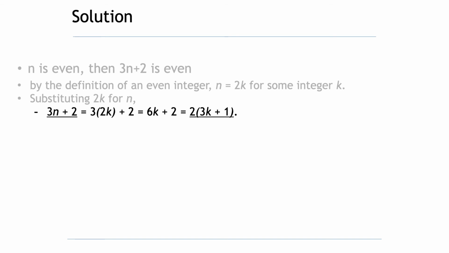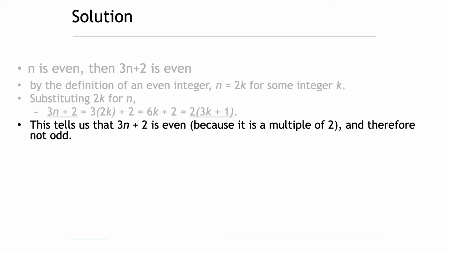Okay, so now this tells us that 3n plus 2 is even because it's 2 times some integer, and therefore is not odd. This is the negation of the premise of the theorem, because the negation of the conclusion of the conditional statement implies the hypothesis is false.